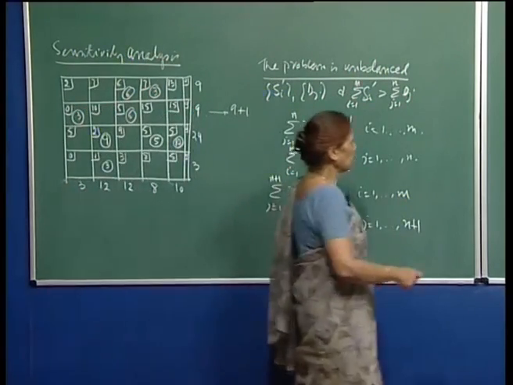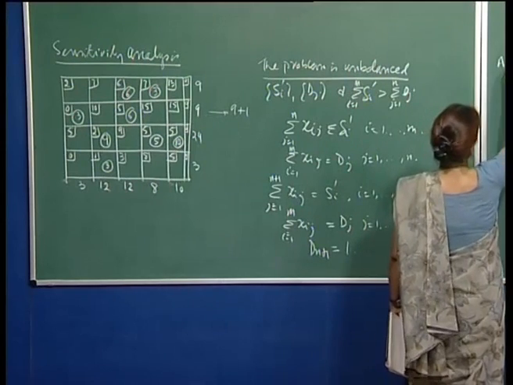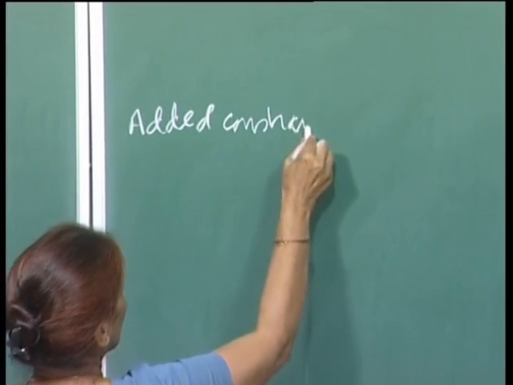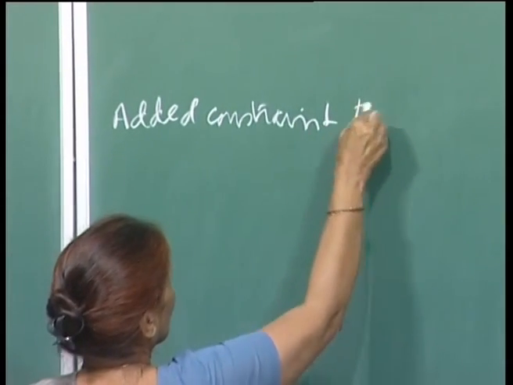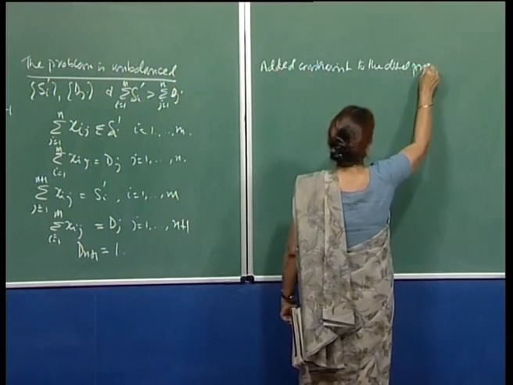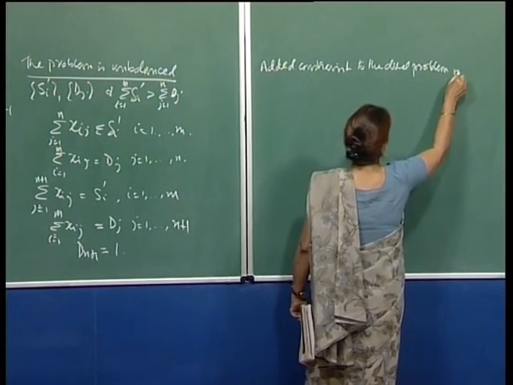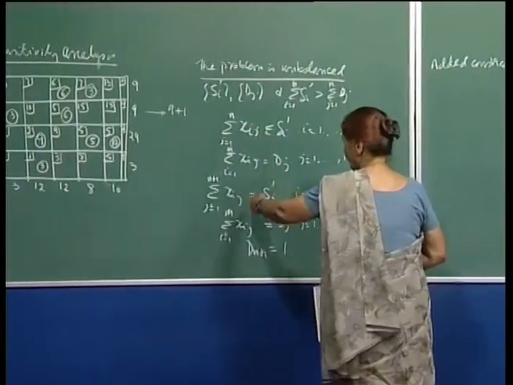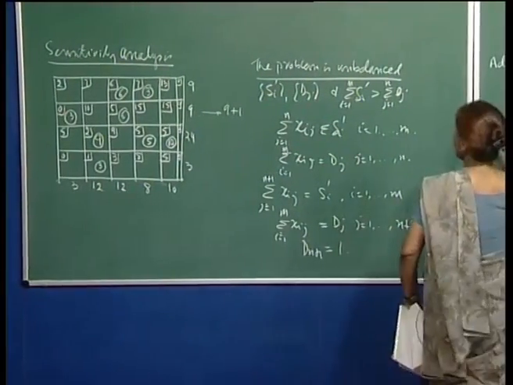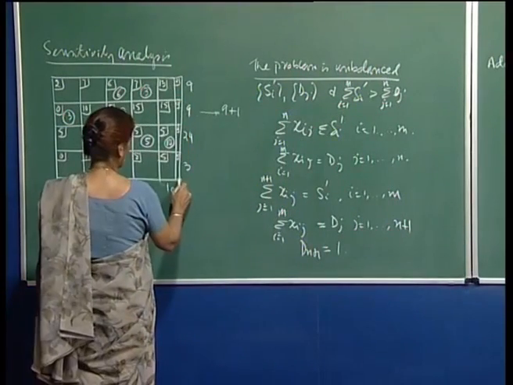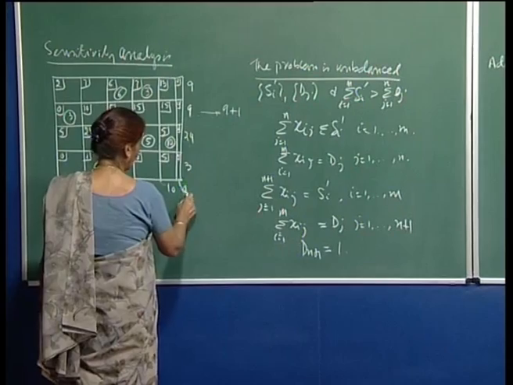So, the added constraint to the dual problem is, right. Just since one column has been added, you can see it from here also, but I will quickly do it this way. So, now you have a new V n, right.